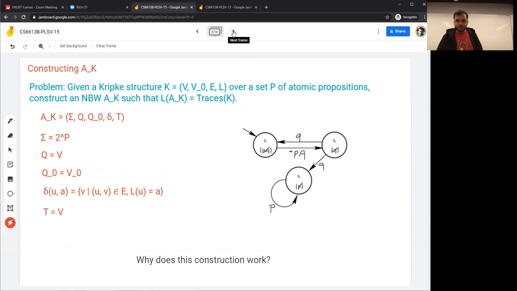Okay. Any questions? What is the difference between just extracting the non-deterministic automaton? Yeah, the difference is very small. The difference is only in what we label, but the thing is we will then do some operations on these.